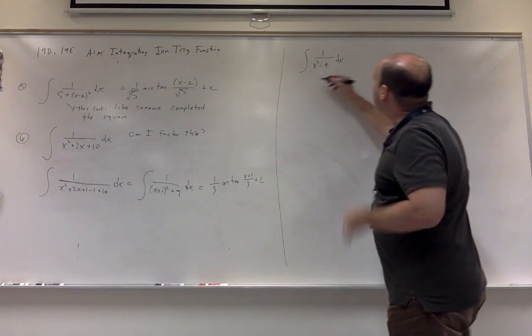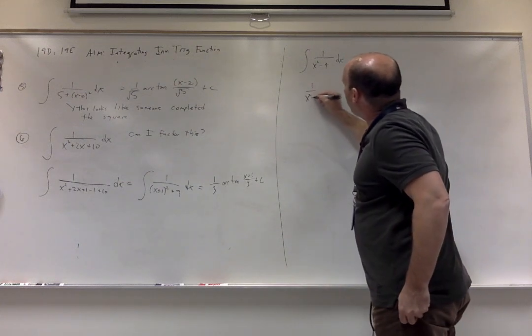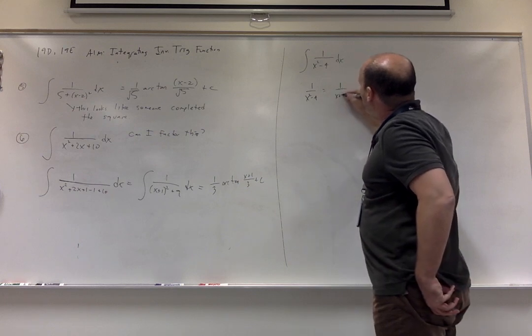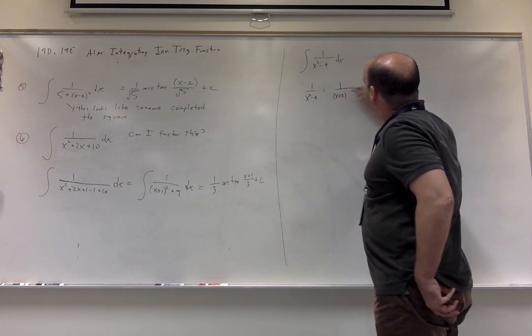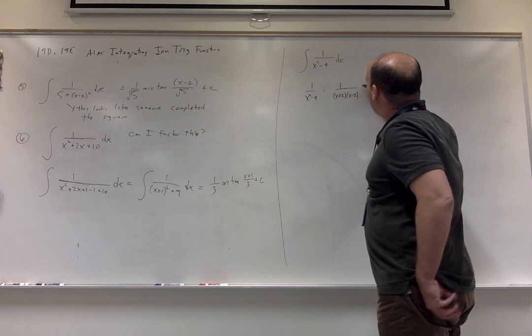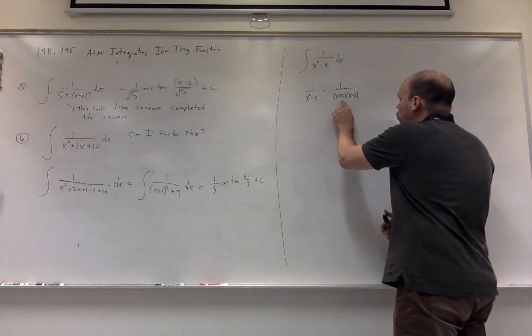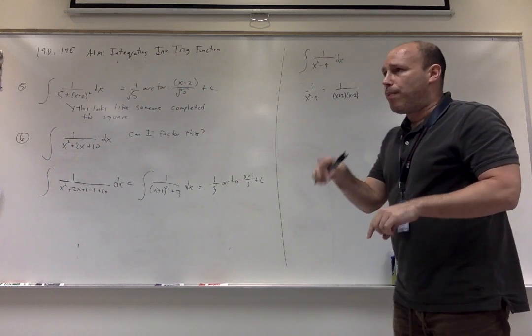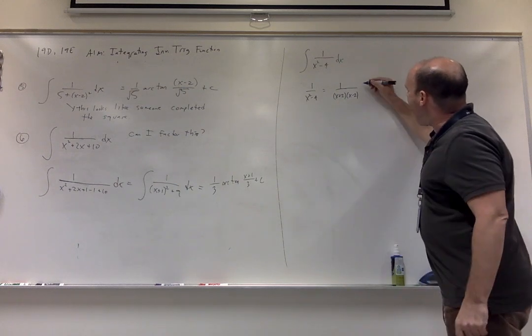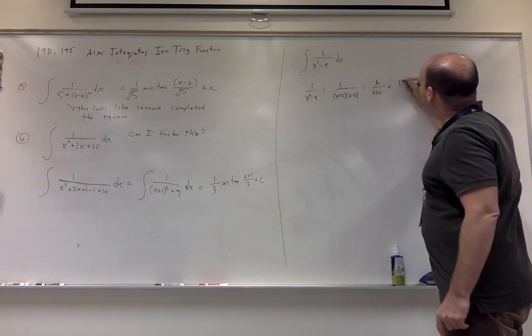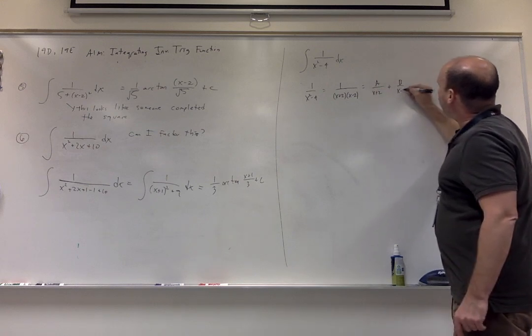We can rewrite 1 over x squared minus 4 as 1 over x plus 2 times x minus 2. For this class, we're only going to be looking at quadratics that factor with no repeating roots. We can write this as a over x plus 2 plus b over x minus 2.